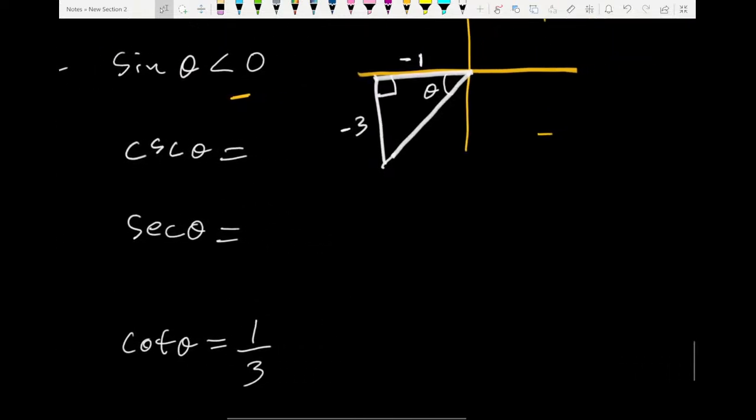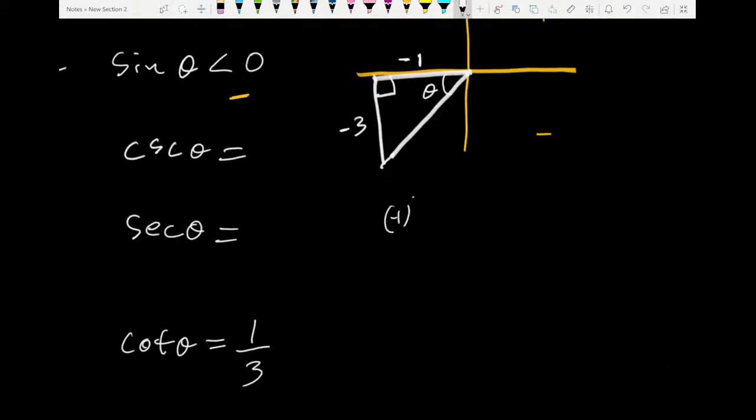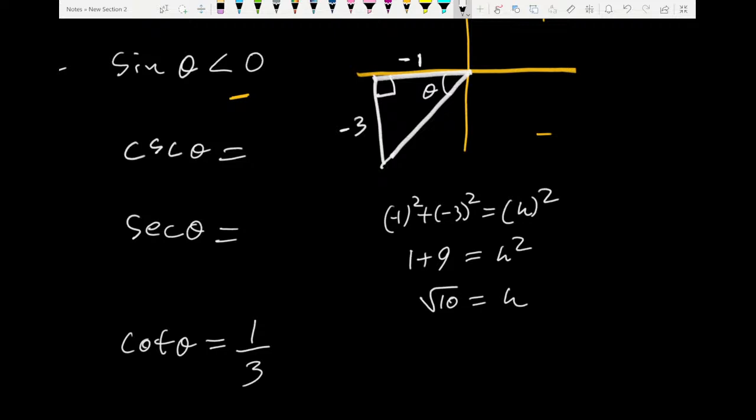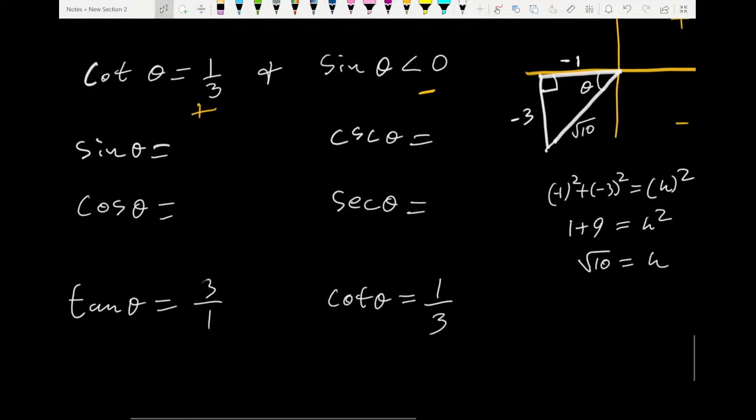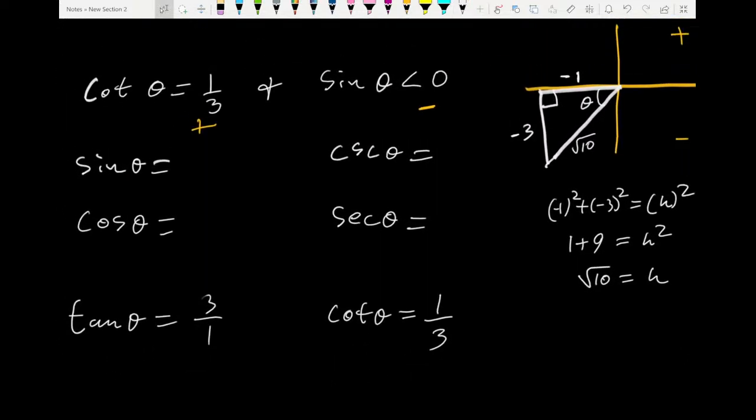Now, can we find the missing side? Yeah, negative 1 squared plus negative 3 squared equals h squared. So you get 1 plus 9 equals h squared. So we're looking at the square root of 10. So now we have completed the triangle.